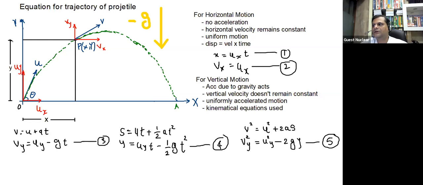Yes. Okay. And also in vertical motion, अभी देखो वर्टिकल मोशन और हॉरिजॉन्टल मोशन इन दोनों के बीच में बेसिक डिफरेंस क्या है बता समझा ठीक से. What is the basic difference between these two is that in case of horizontal motion there is no acceleration. Yes. Why?